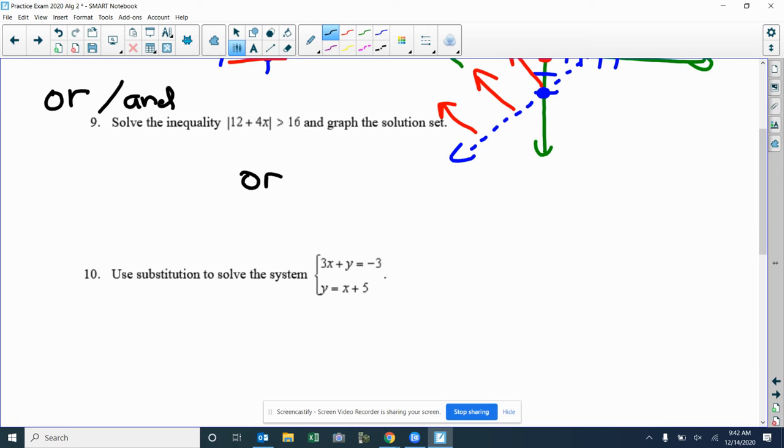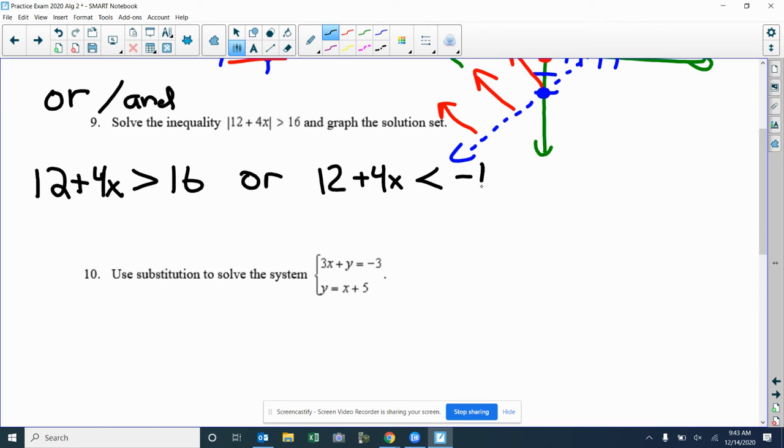Remember, when they have an absolute value, one is going to be exactly the same. The second one is going to be 12 plus 4x. Now I'm going to switch the inequality and also make this negative.